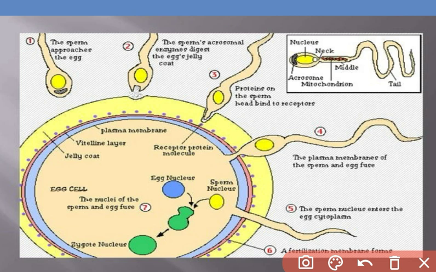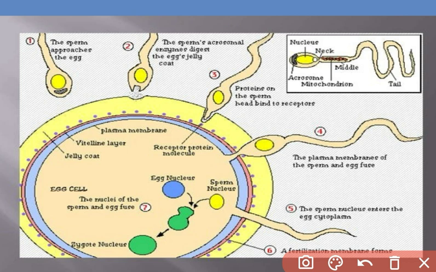Then the second event: the sperm has an acrosomal enzyme, and that enzyme digests the egg's jelly coat, that is the zona pellucida. Third step, the proteins on the sperm bind to the receptors which are present on the egg cell.